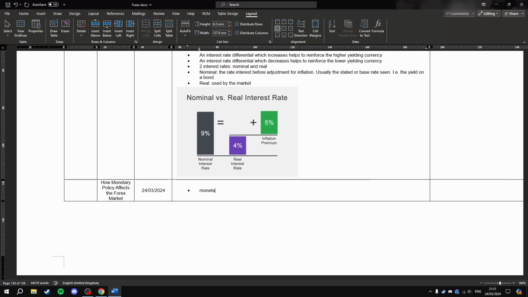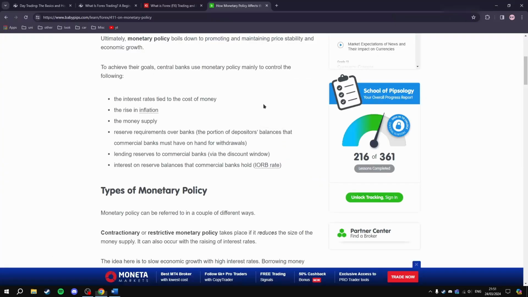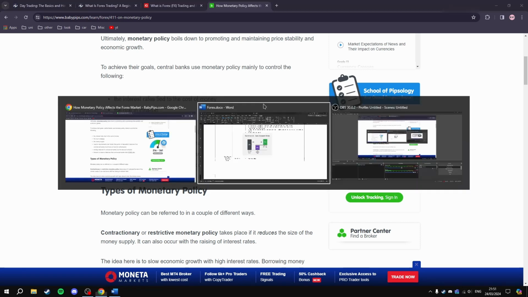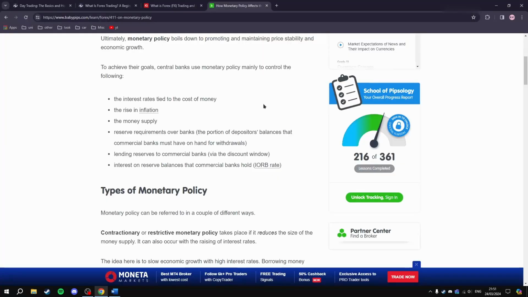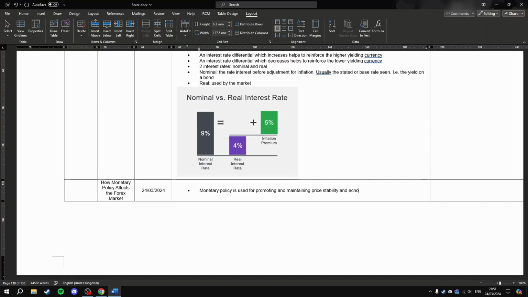So monetary policy is used for promoting and maintaining price stability and economic growth.